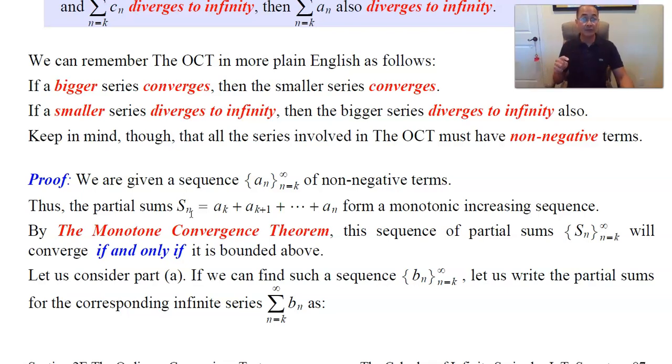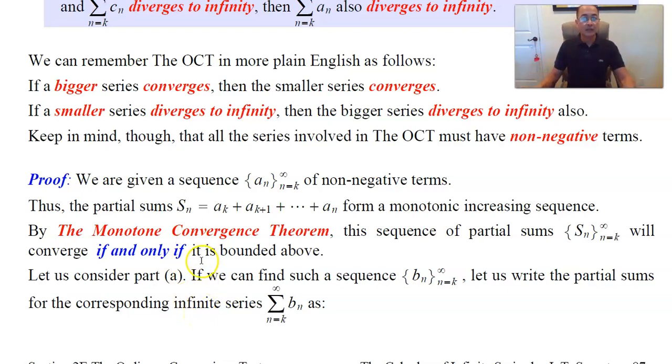By the monotone convergence theorem, the sequence is going to converge if and only if it is bounded, and in this case, more importantly, bounded above. The sequence is increasing, and so we need an upper bound for the sequence in order for it to converge.